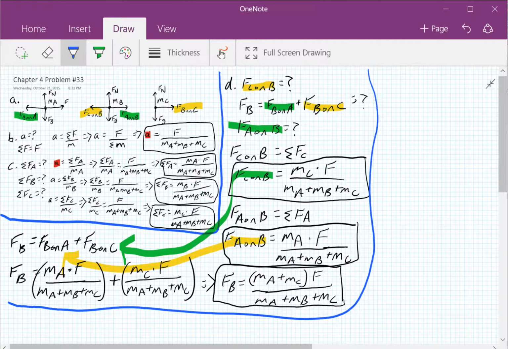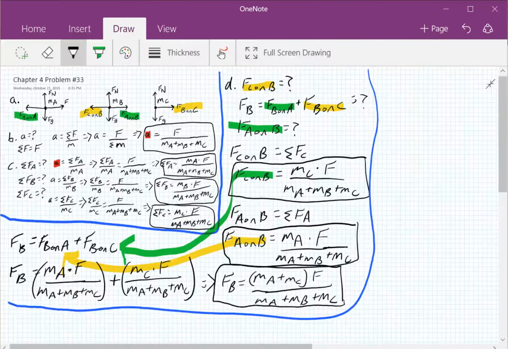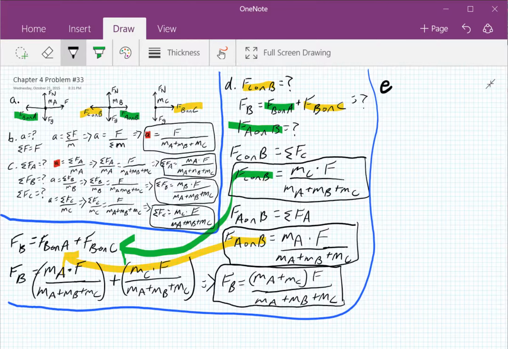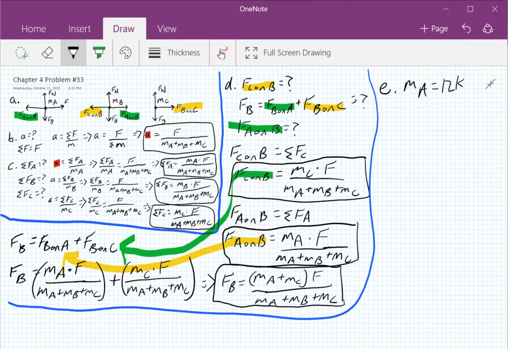All we do now is put in the answers with the mass. So basically for E, we have M_A equals 12 kilograms. M_B equals 12 kilograms.